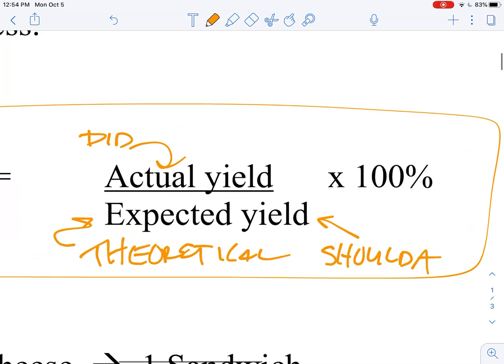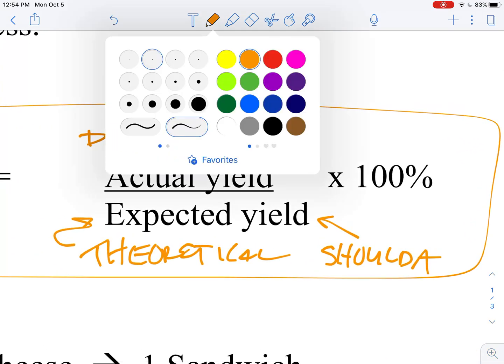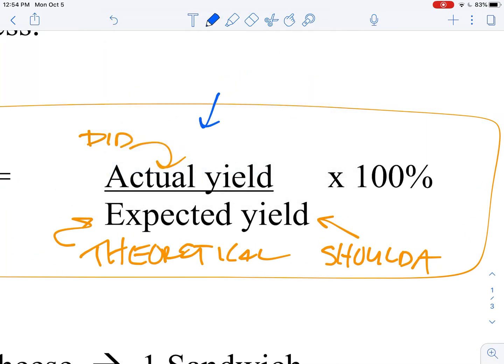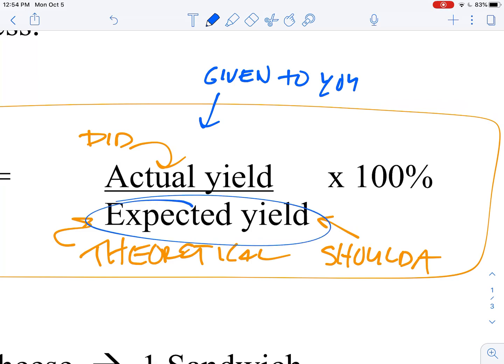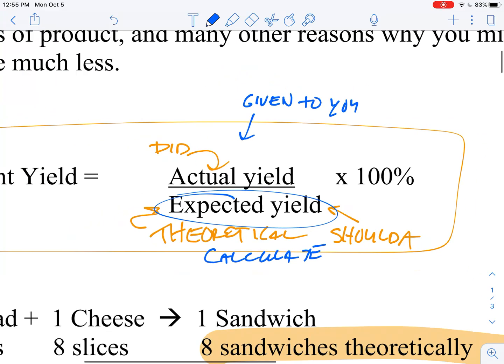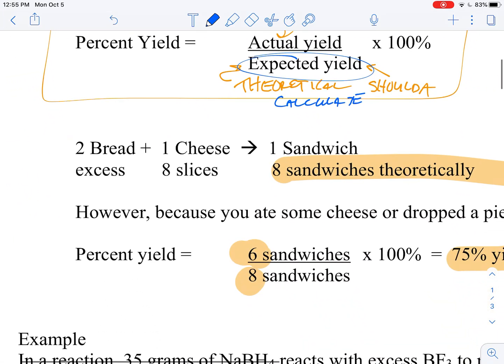And for the purposes of these problems, the actual yield is going to be a number that is going to have to be given to you. Basically, what you are going to have to do is probably calculate how much you should have gotten and then compare that to how much you actually did get in the laboratory. That number is going to be presented to you.